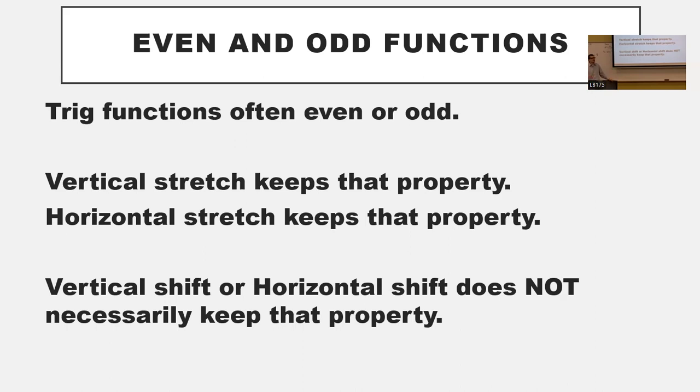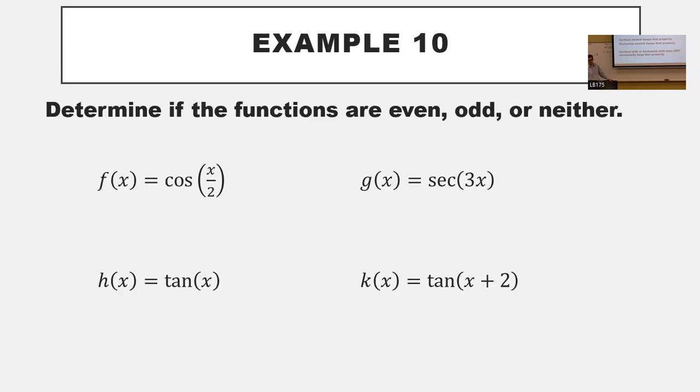But vertically shifting things and horizontally shifting things does not necessarily keep the evenness and oddness of a function. Okay? Usually it doesn't unless it's shifted in the real precise way. Okay. Does that make sense?